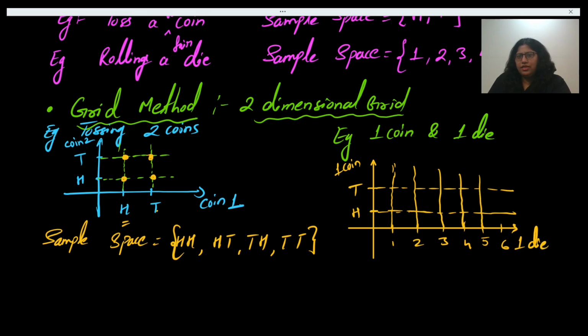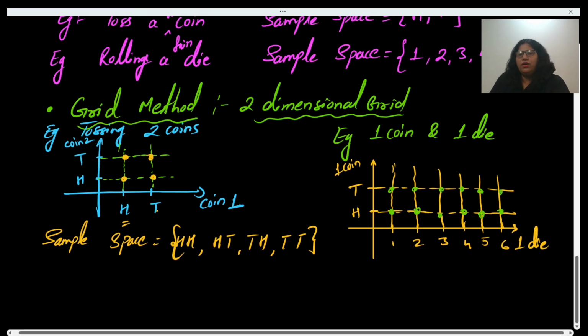Wherever both grid lines intersect, that place is an outcome. So this is 1 and heads, then 1 and tails, then 2 heads, 2 tails, 3 heads, 3 tails, 4 heads, 4 tails, 5 heads, 5 tails, 6 heads, 6 tails. So these are the possible outcomes.